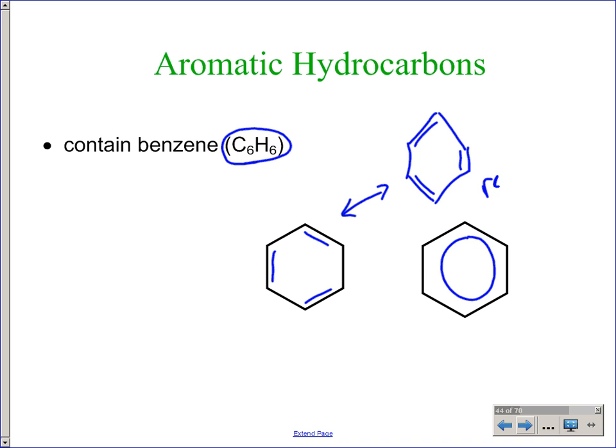So these are called resonance structures. And this one with the circle in it is the lazy way to write it, due to the fact that those double bonds can be anyway as long as they are one after the other, so every other.